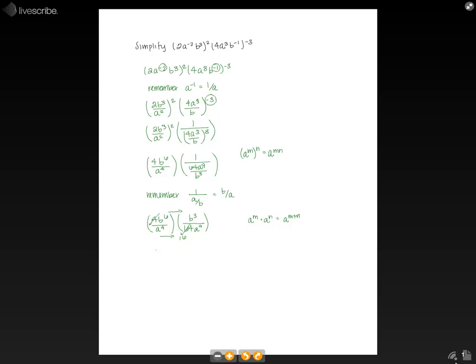In the numerator, we have b to the 6th times b to the third, and in the denominator, we have 16 a to the 4th times a to the 9th. Using that property, we have b to the 9th over 16a to the 13th. And that's how you simplify that expression.